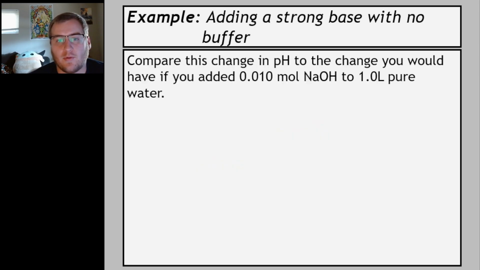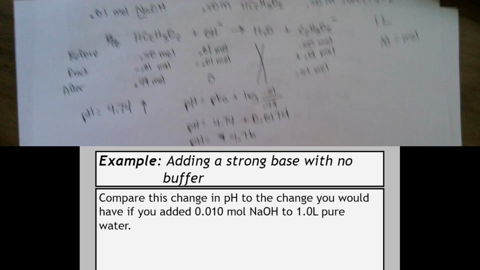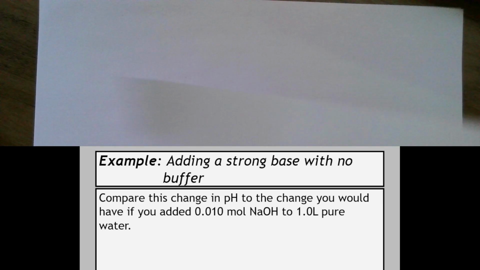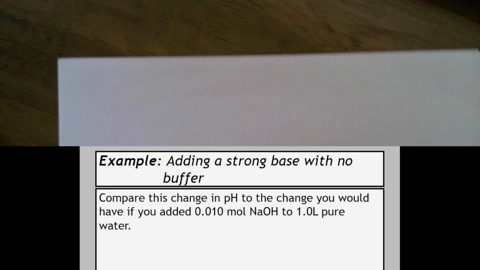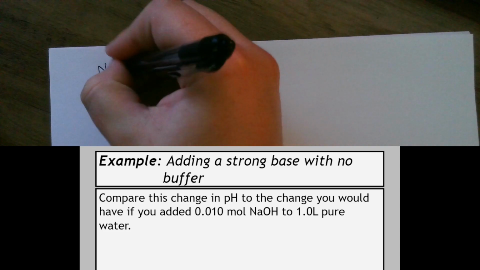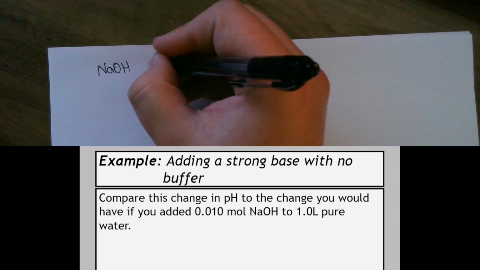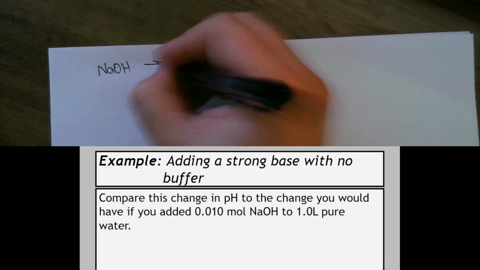Okay, we're going to compare this to the change that would occur in pH if you just added that NaOH to pure water. If I didn't add this to a buffer system, if I just added this to water, what would happen to my pH then? So if I have NaOH and I add it just to pure water, NaOH splits apart.